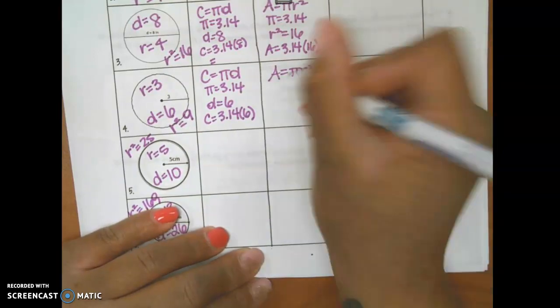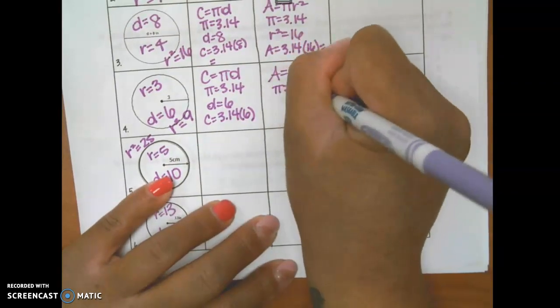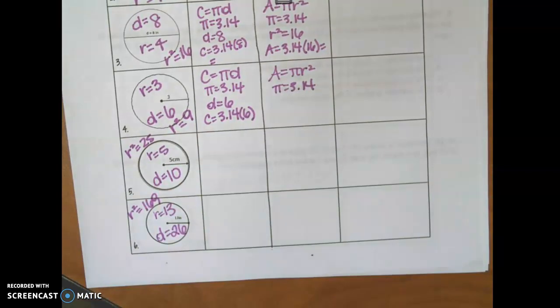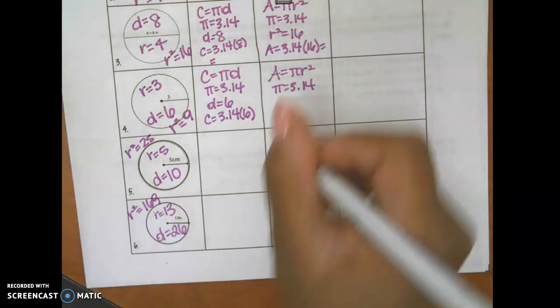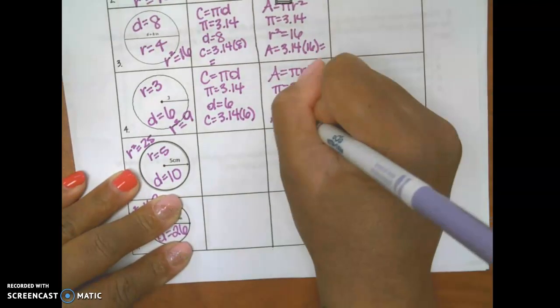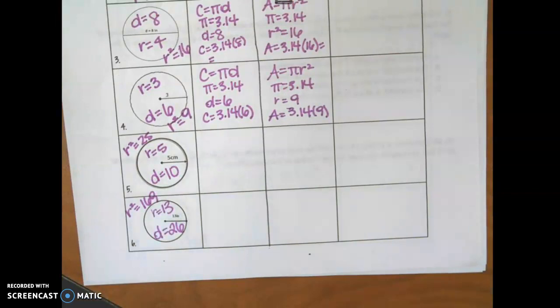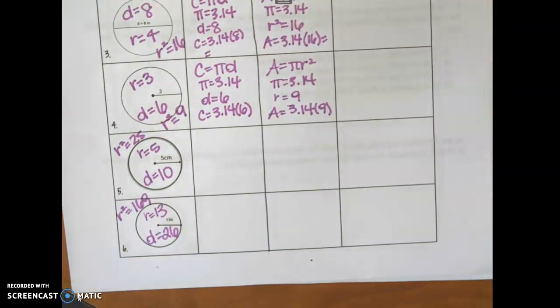Then what? Pi is 3.14. Then what? R is not equal to 6. Okay. R is 9. And what's A? Okay, y'all got to get ready to go. To finish this on Tuesday.